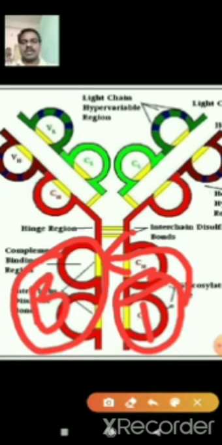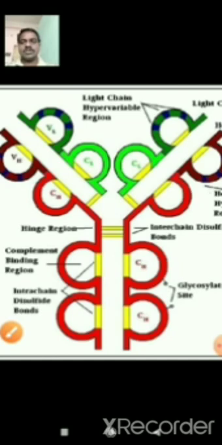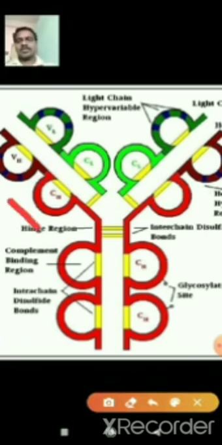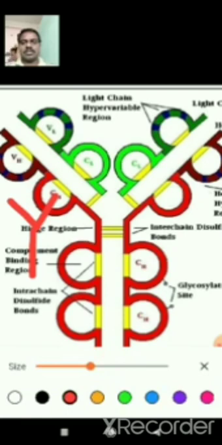This is called an antibody structure. In the antibody structure, we observe that it looks like a Y-shaped structure. In this structure, there are two types of chains. This green chain we call the light chain, and the red chain we call the heavy chain.